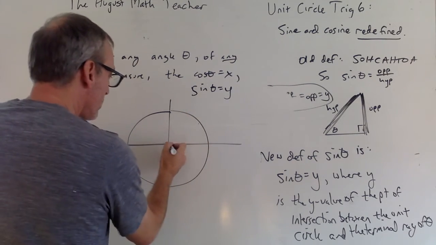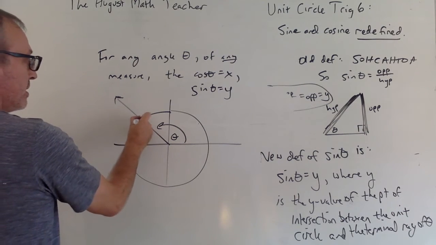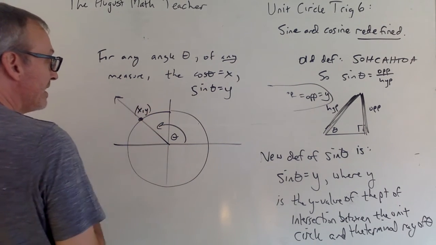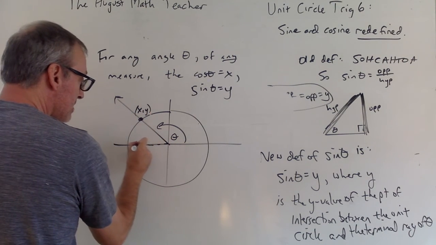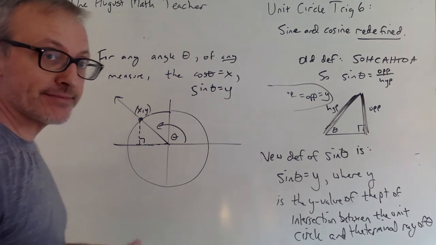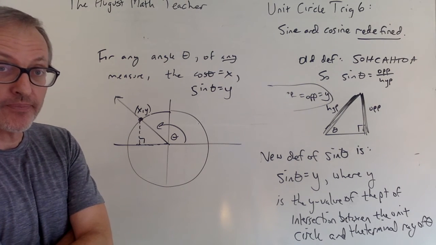So make a unit circle, make some angle theta, not in the first quadrant, let's say. Wherever it intersects the unit circle, there's an x comma y. That's the cosine, that's the sine. The cosine is the x value, the sine is the y value. And that's it. That's the new definition of sine and cosine.